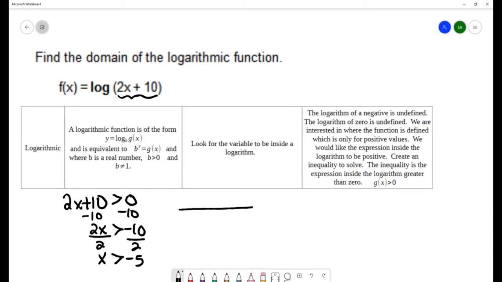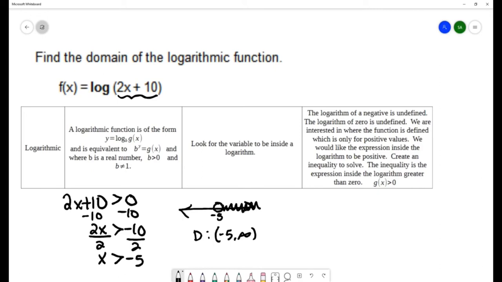If we think about that on our number line, we would mark negative 5 with an open circle because we don't want to include negative 5. If we included negative 5, that would cause a 0 inside the logarithm, and that is undefined. And we want the values that are greater than negative 5. And so that's negative 5 to infinity. So this will be our domain.